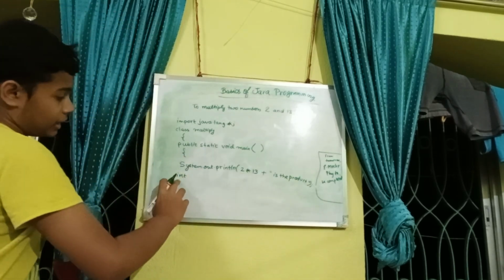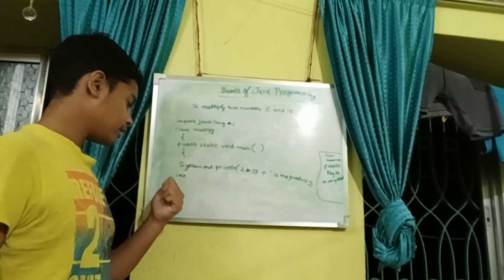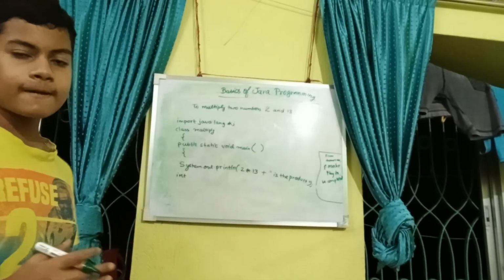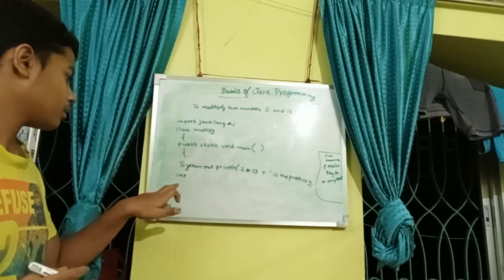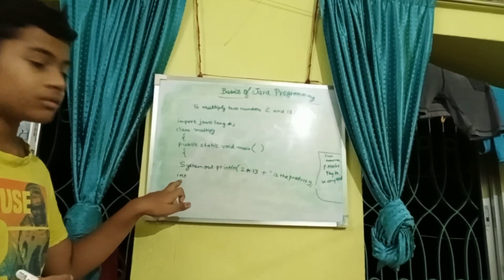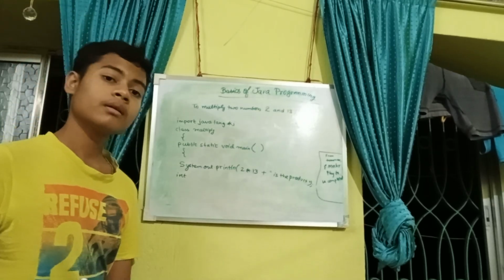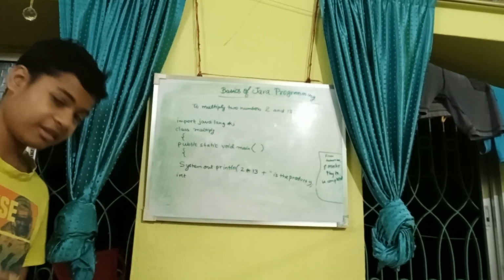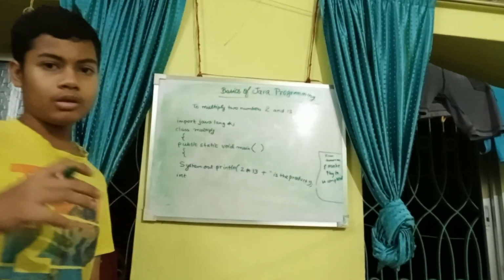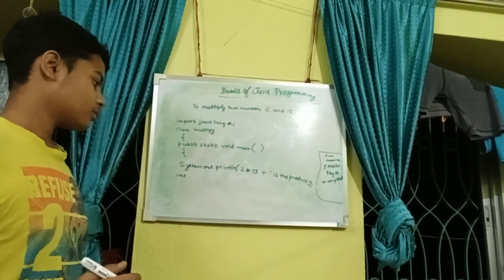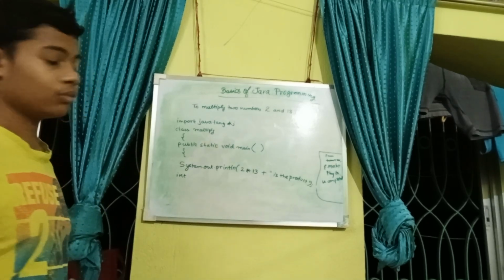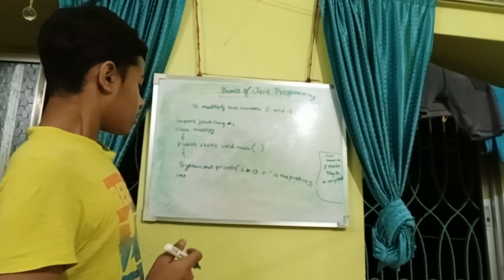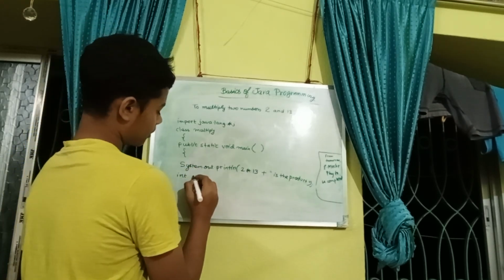So know it till now. Integer is something by which we can do any kind of arithmetical and logical things in this programming language. So suppose I am taking a variable.